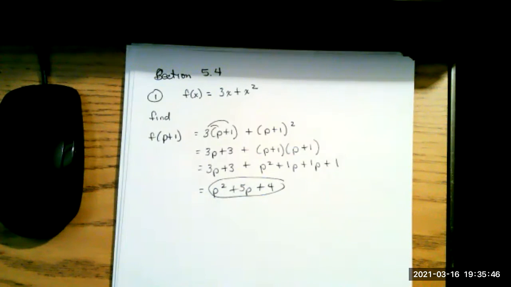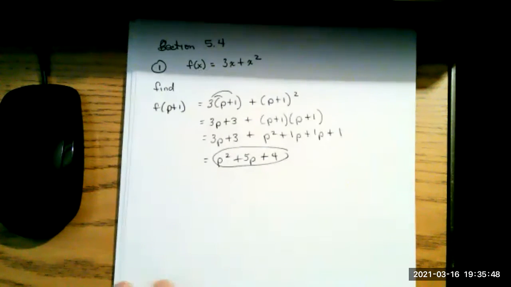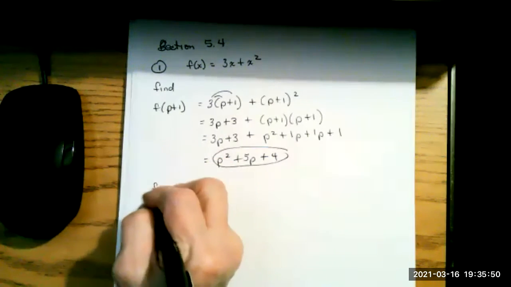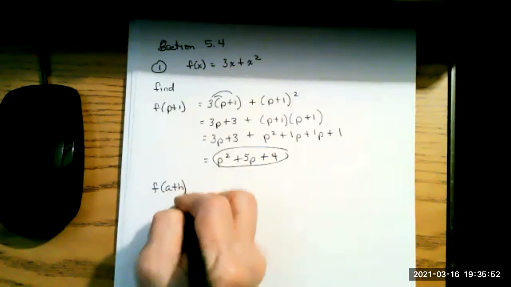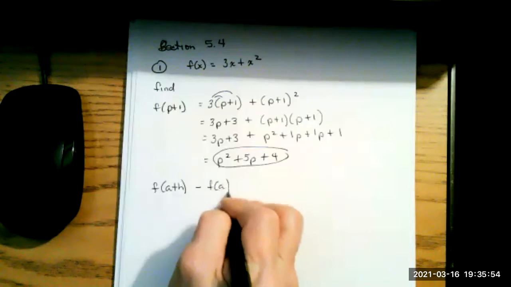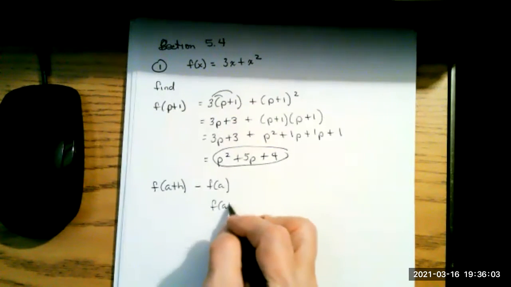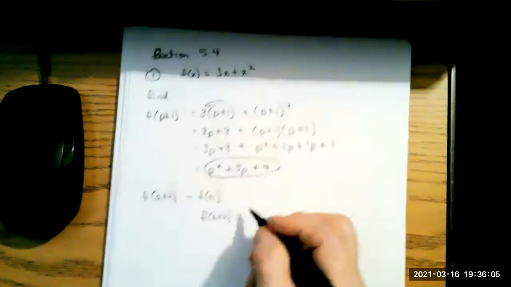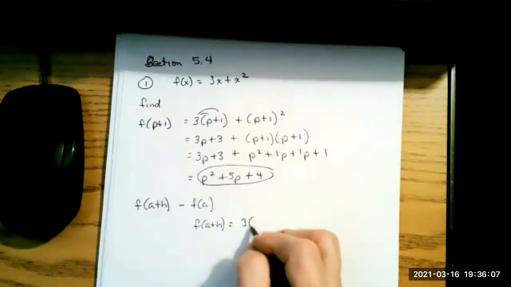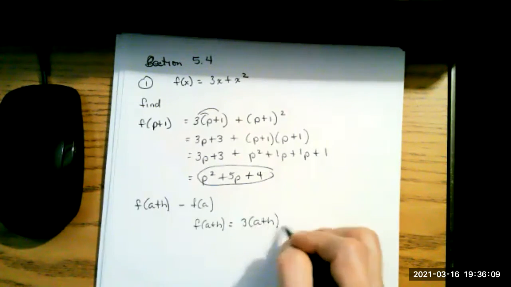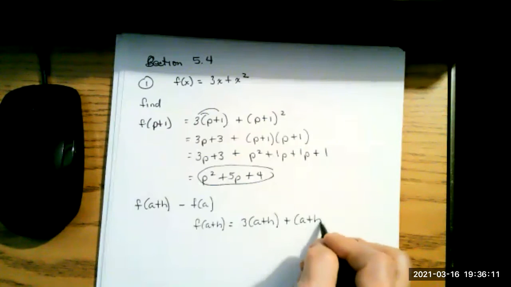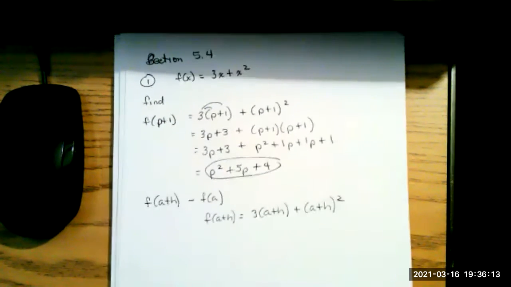Now the ones you might have trouble with will be this one and the other one. F of a plus h, you're going to have to find first. So f of a plus h is 3 times a plus h plus a plus h quantity squared.